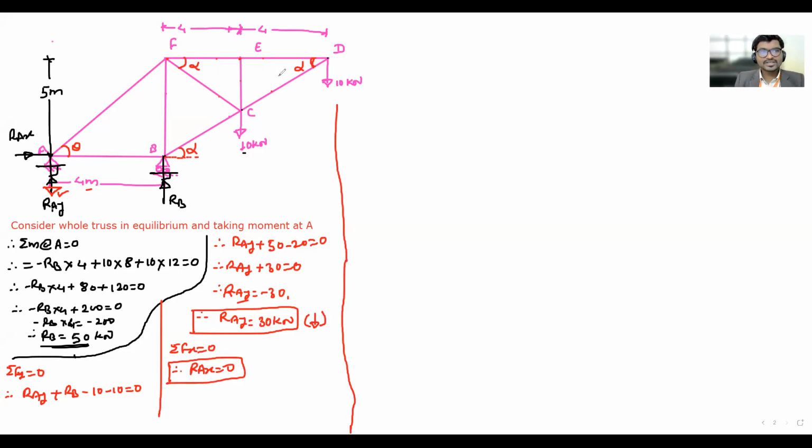Now firstly we will calculate the angles and then proceed for the analysis. First I take theta. For theta, which triangle? ABF. From triangle ABF, we want to calculate theta. We know the adjacent side of the angle. We know the opposite side of the angle. Tan theta is opposite by adjacent.